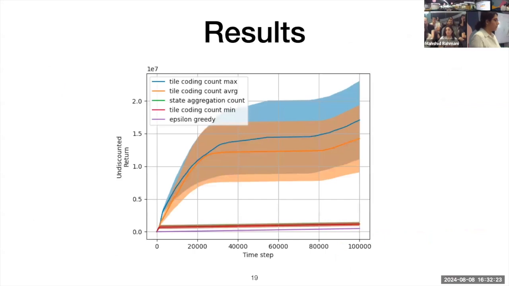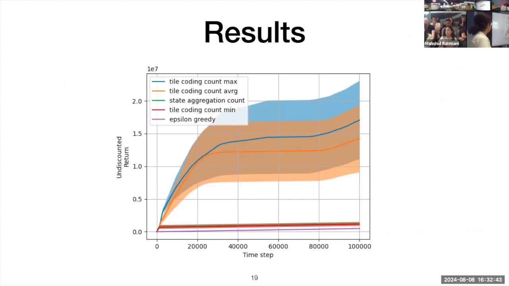And this is the result. The x-axis is again time step, the y-axis is undiscounted return. The two plots on the top are tile coding with max and average. The variance is huge, but it still performs a lot better than the other methods.